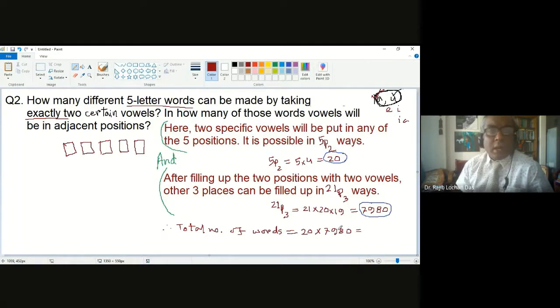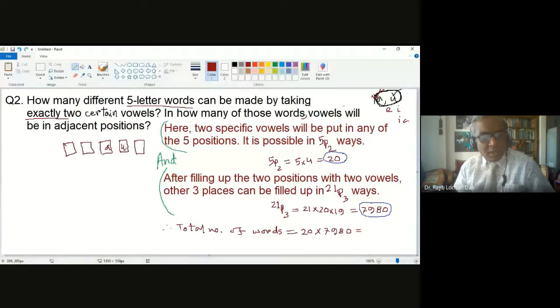Okay. Now another part is how many of those words will have vowels in adjacent positions. So that will be AU, or maybe AU here, or maybe AU here, something like that.